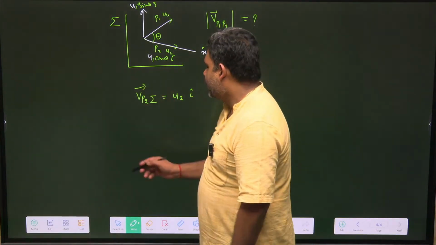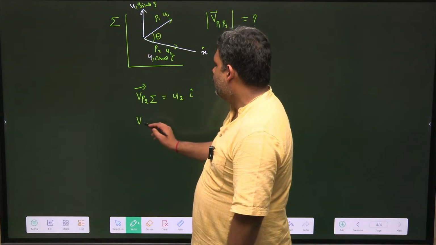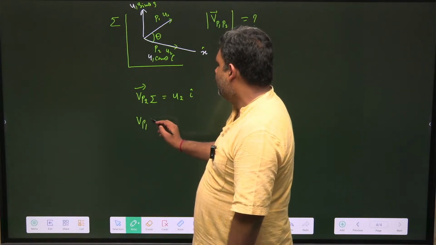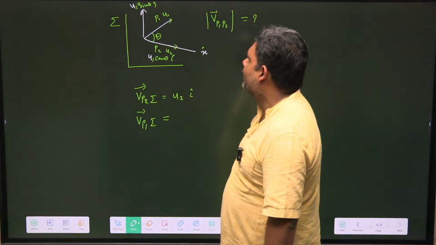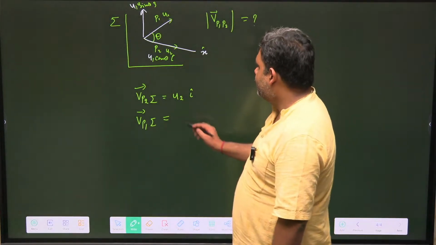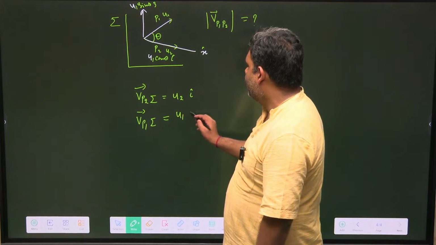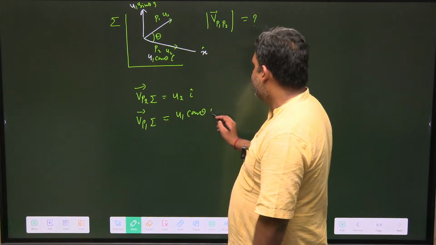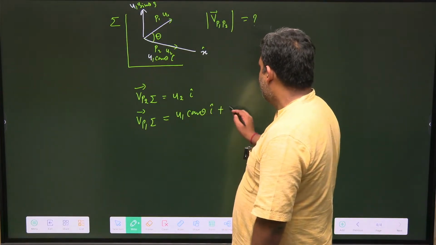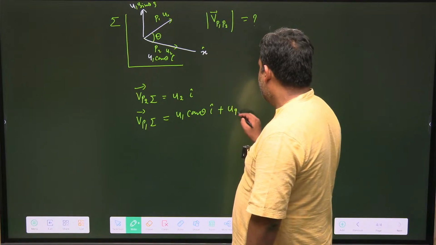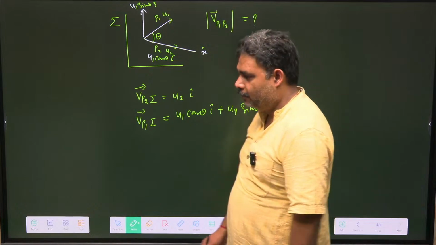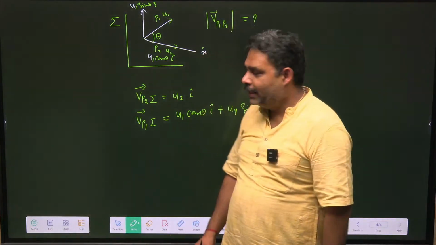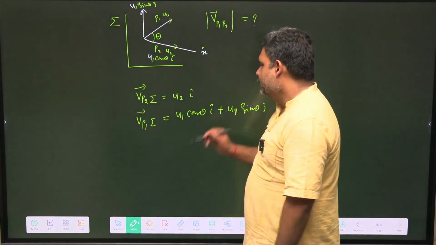And the velocity of P1 with respect to sigma, I will write in vector form: U1 cos theta in the i cap direction plus U1 sin theta in the j cap direction.